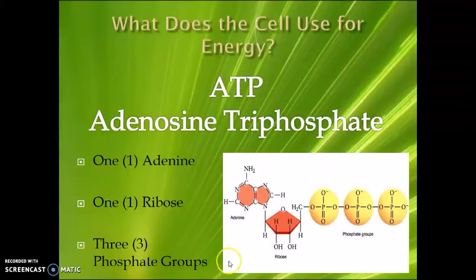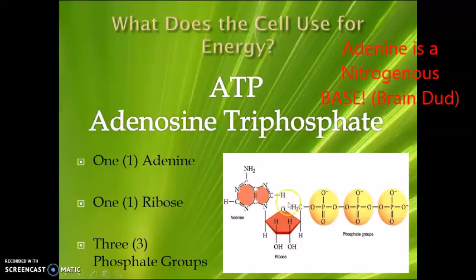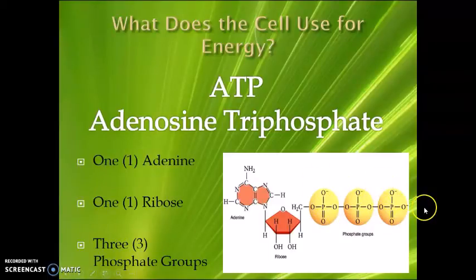Its building blocks are adenine, which is actually an amino acid, ribose, ends in ose, so that makes it a what? That's a sugar ring. And then it has 3 phosphate groups. 1, 2, 3. That's where the T comes from. Triphosphate. 3 phosphates.